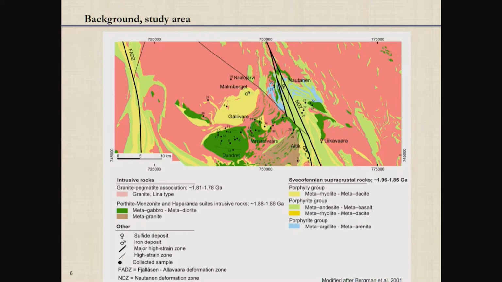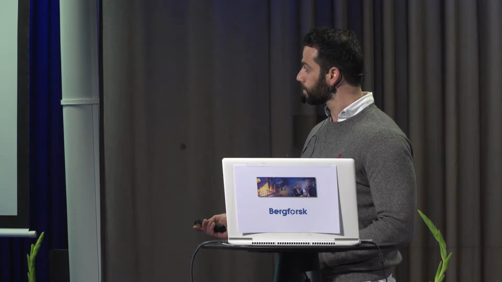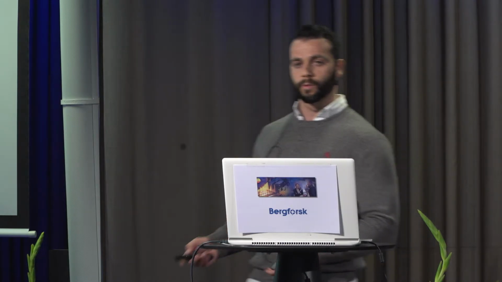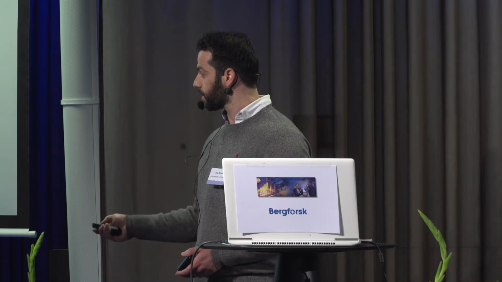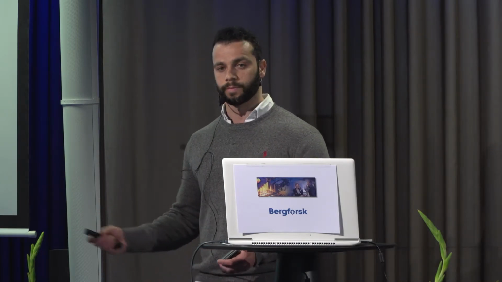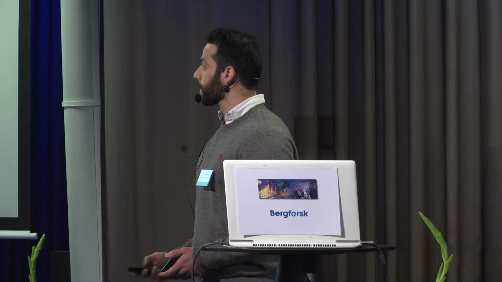And all these black points are collected samples by me and by my team, and we have chemically analyzed them. So we were out both in the winter and during the summer, we were underground in the Malmberget mine, also in the Aitik open pit. So we collected all different sorts of geological data.